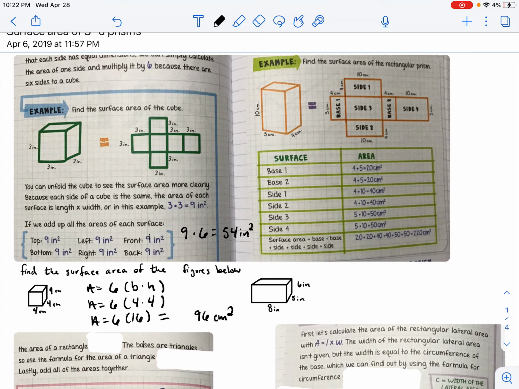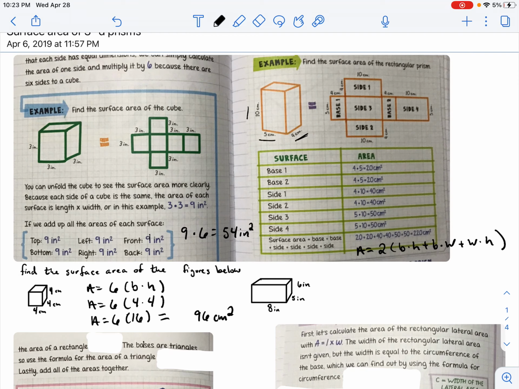An equation I would use for this is area equals 2 times, and you could do base times height plus base times width plus width times height. Because if you notice, that's what you're doing here. If 5 is your base, 10 is your height, and 4 is your width, then base 1 would be your BW, so that'd be 20.